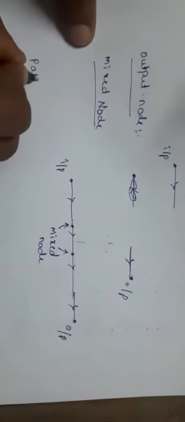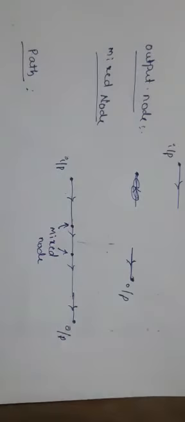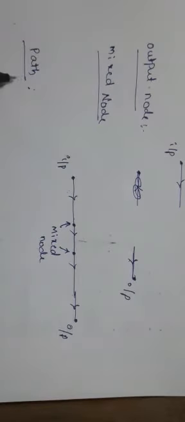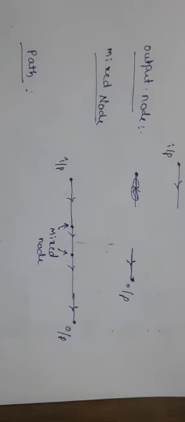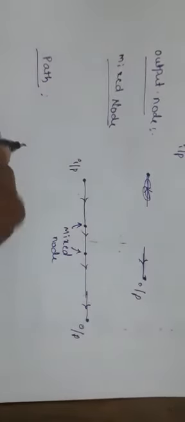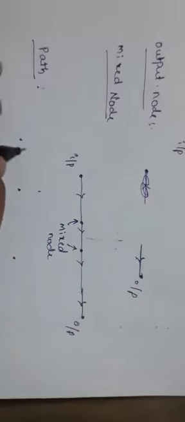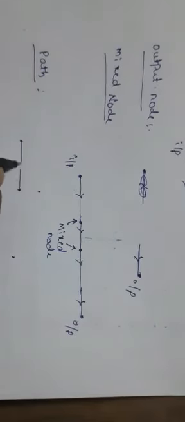Next is path. Path means a traversal connected between the branches. This one is called a path.